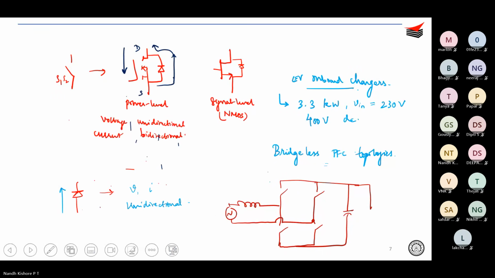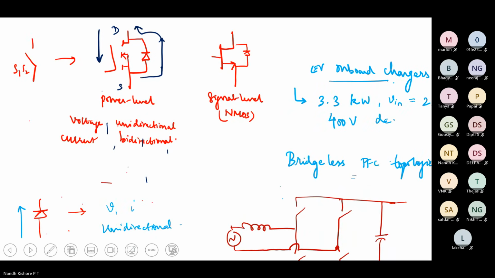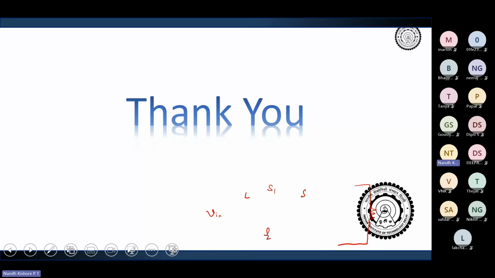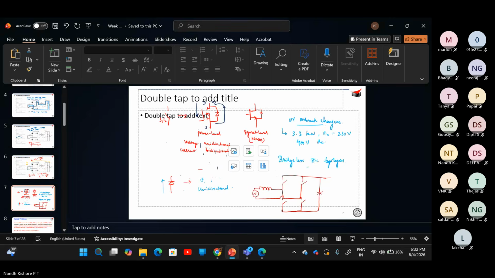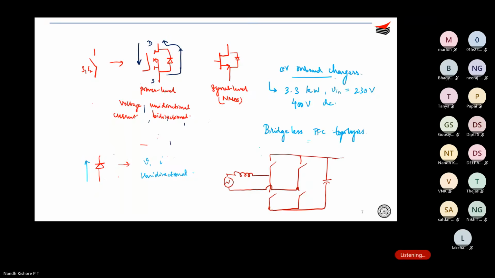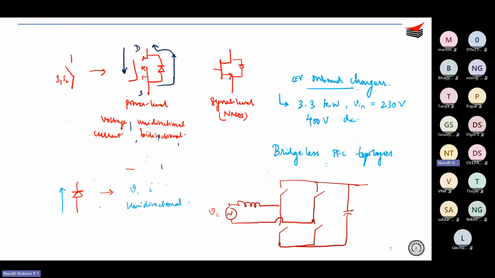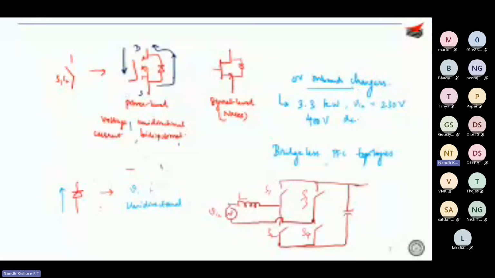So this is your V in, this is your L. So you would have S1, S2, S3, S4, and you have your load V0.